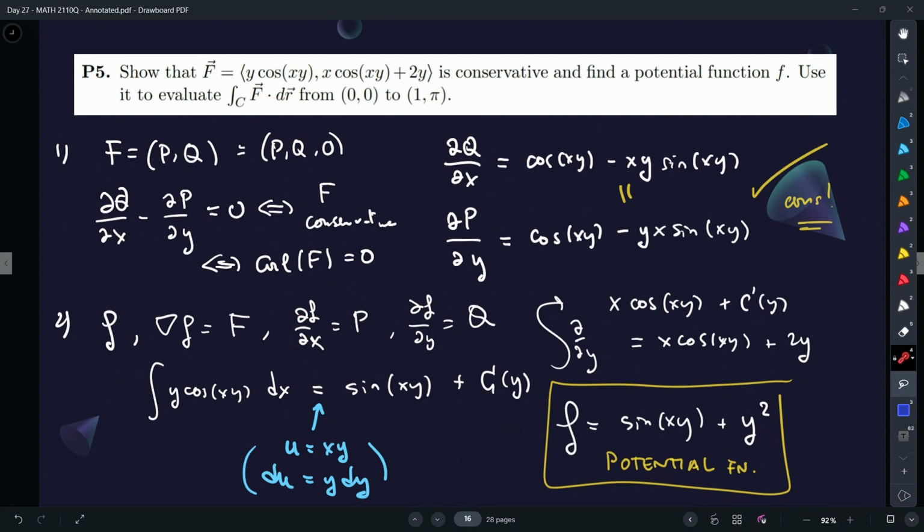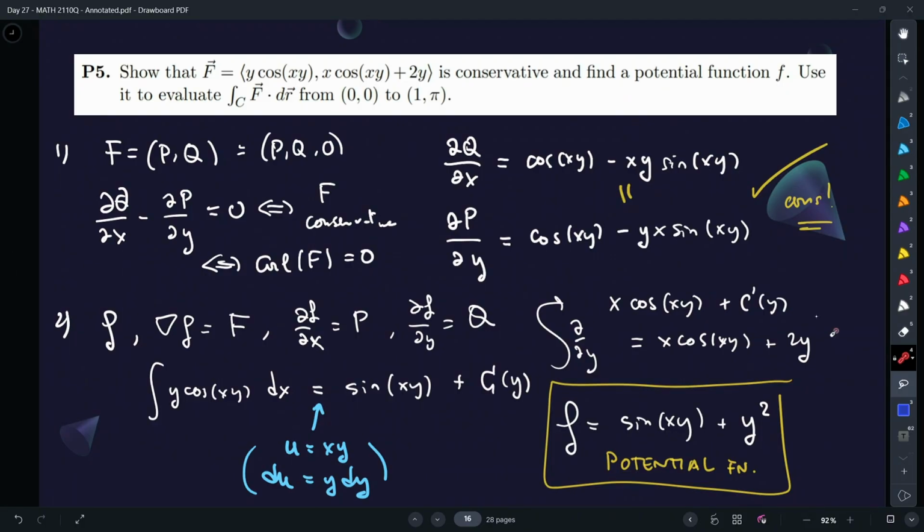So I take that one and integrate with respect to x, and I get this, except that if this is a function of three variables, this constant could have been a function of y and z. So you take this one, take the derivative with respect to y, and this function will have a partial derivative with respect to y of a function in y and z.